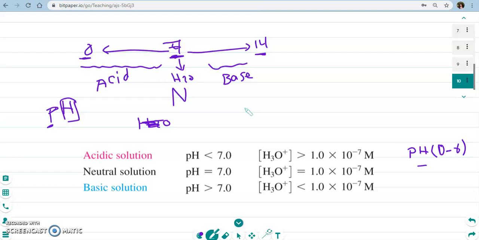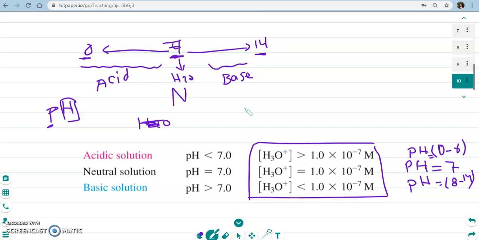Neutral solution, pH equal 7. Here, pH is between 8 to 14. Okay, so you look at either this option or this option.